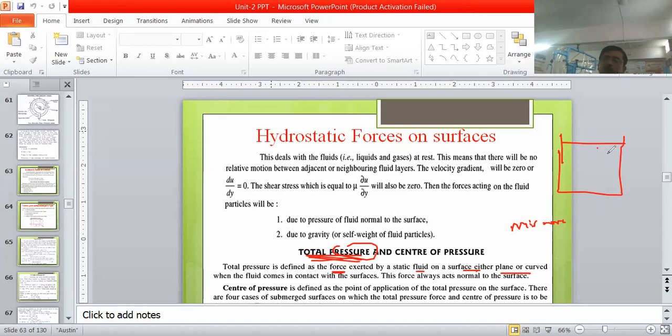This water is going to exert pressure force on all the surrounding walls of the bucket. This force, acting over the entire surface of the container which comes in contact with the liquid, is called the total pressure. It is the force exerted by the static fluid on the surface, either plane or curved. So this surface can be curved also.